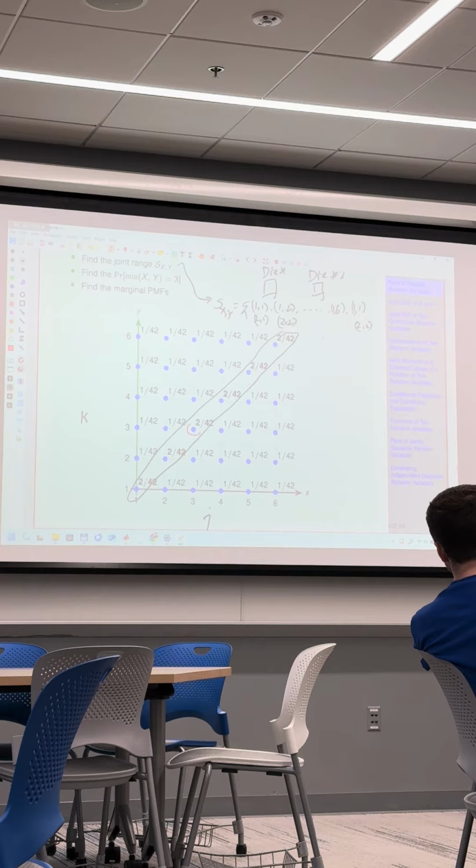You start from here: the number of dots for the first die is 3 and for the second die 3. But 3 and 4, the minimum of 3 and 4 is also 3. So you would have to add all these probabilities here.